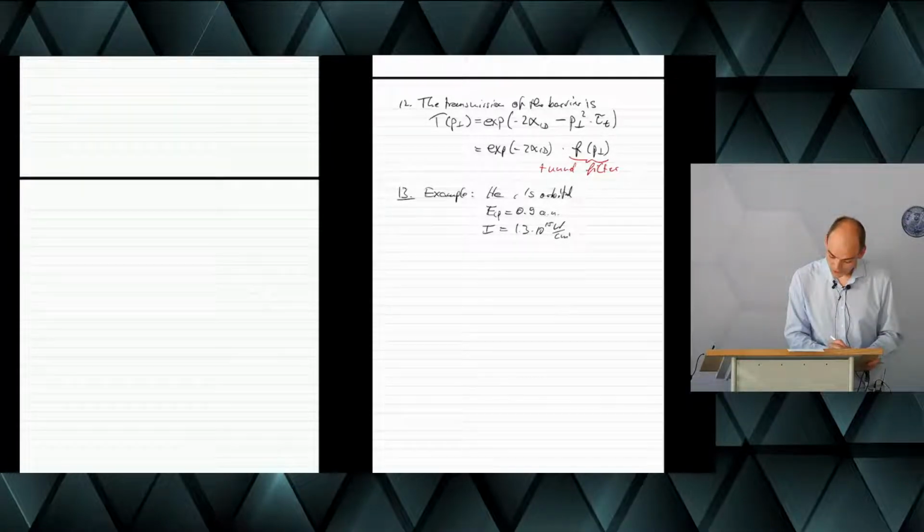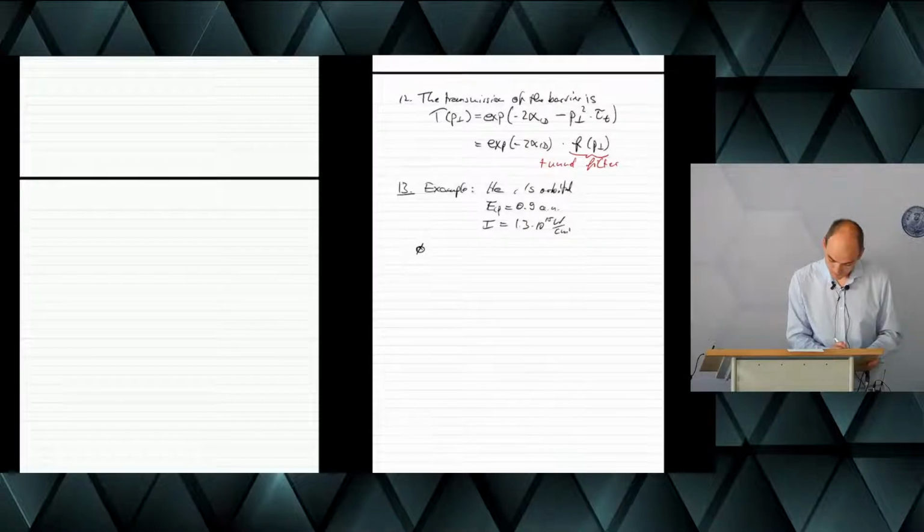So we have the momentum wave function, psi 1s of p, equals 1 over p squared plus 1.